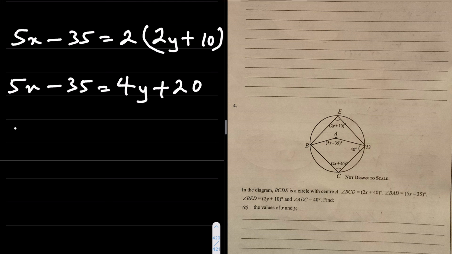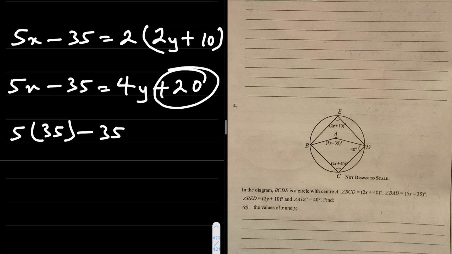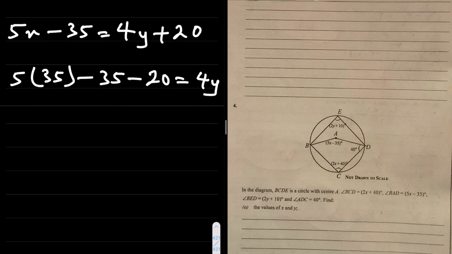I know that x is 35. Let me take this 20 and bring it to the left hand side. 5x minus 35 minus 20 equals 4y. 5 times 35 is 175. 175 minus 35 is 140.